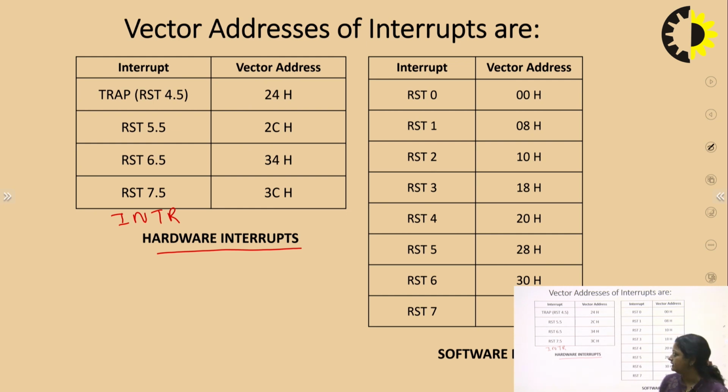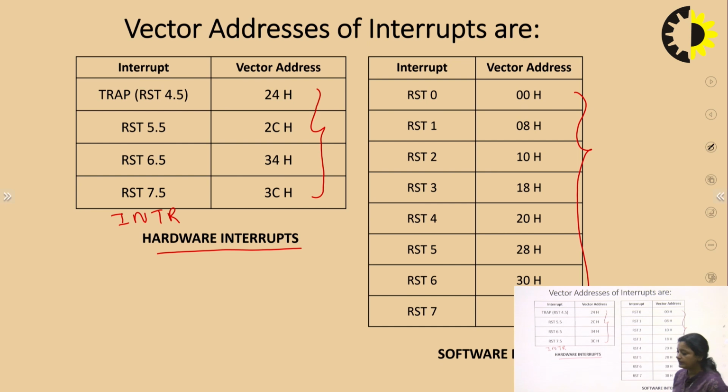However, the remaining 4, TRAP, RST 5.5, 6.5 and 7.5 have a specific vector address. Likewise, the software interrupts RST 0, 1, 2, 3, 4, 5, 6 and 7 all have a specific vector address associated with them.